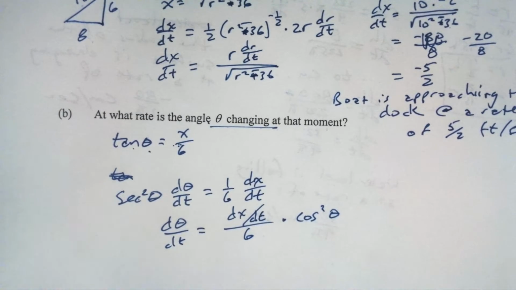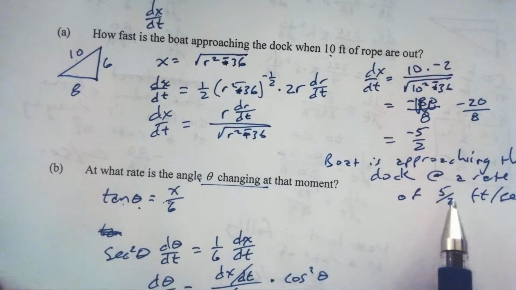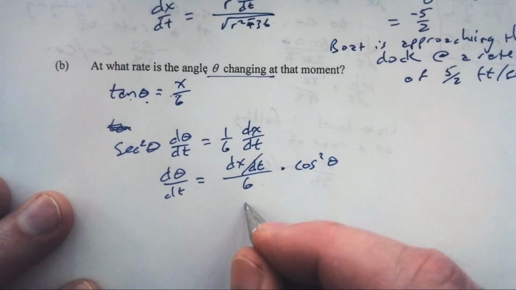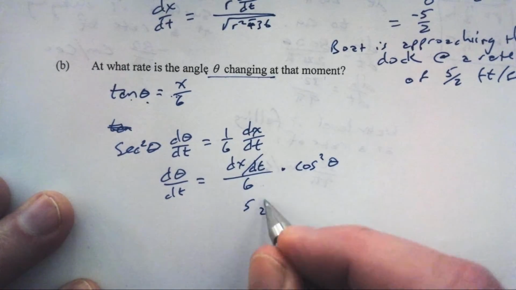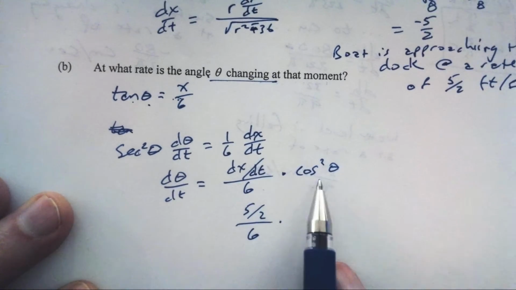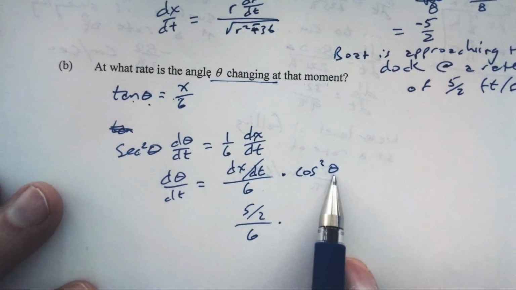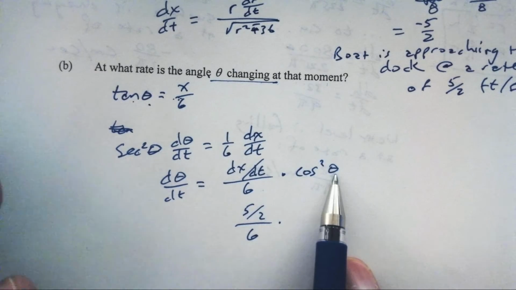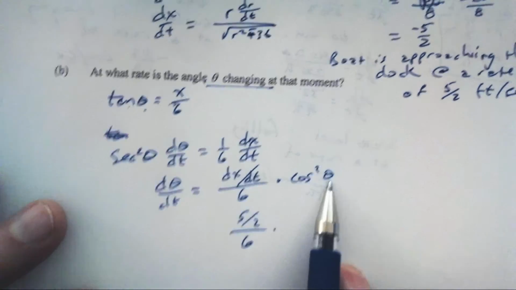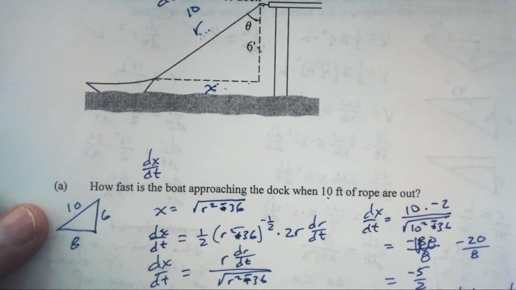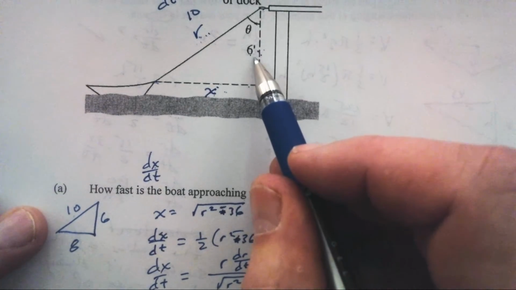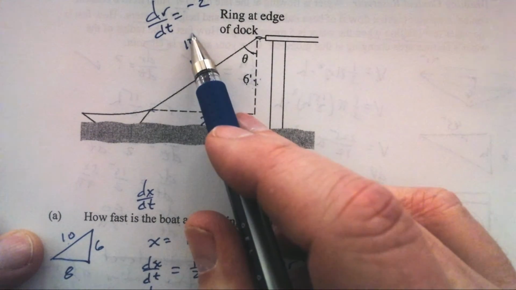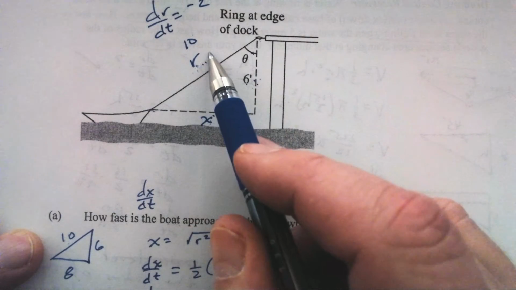All right, what do I know? dx dt is 5/2. So I get 5/2 divided by 6 cosine squared theta. Well, how do I know cosine squared theta when I don't know what theta is in degrees? I don't need to. Cosine of theta is 6 on 10, adjacent on hypotenuse.